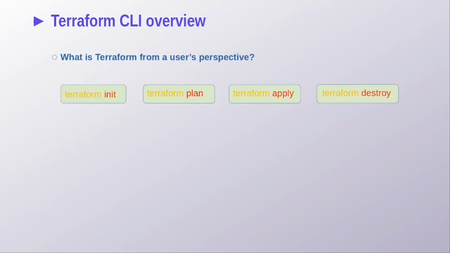You type commands in the terminal. For example, terraform init, terraform plan, terraform apply, and terraform destroy. These 4 commands are the heart of Terraform. If you understand the commands well, you understand Terraform.